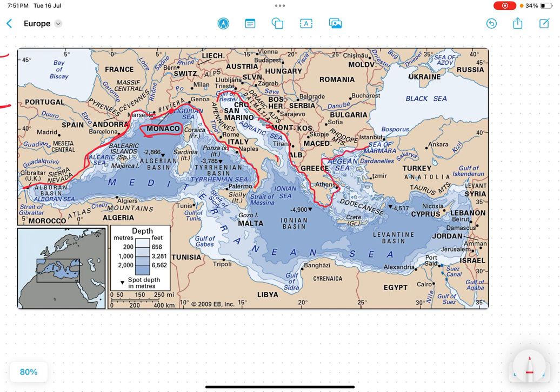We have Turkey. Then we have Cyprus, and so on and so forth. And then we have Malta right here as well. So all of these countries border the Mediterranean Sea, right?